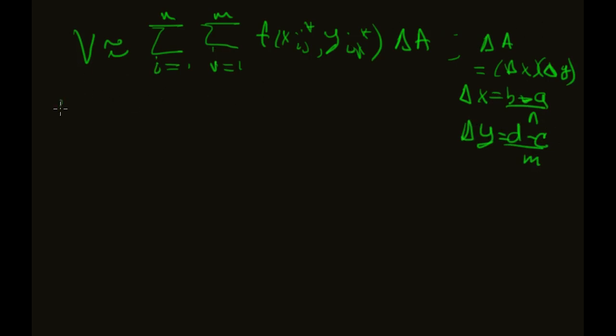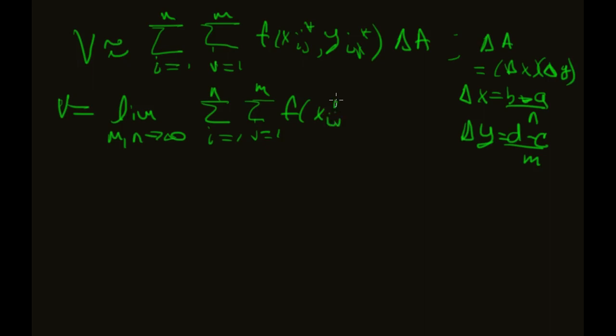Now remember, I can get to the actual volume by taking a limit where both m and n go to infinity of these two sums. So that's basically the same thing with a limit stuck in there. Delta A, right?